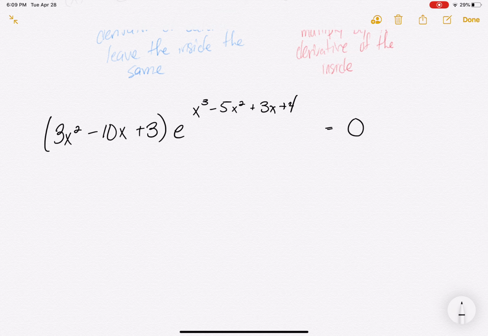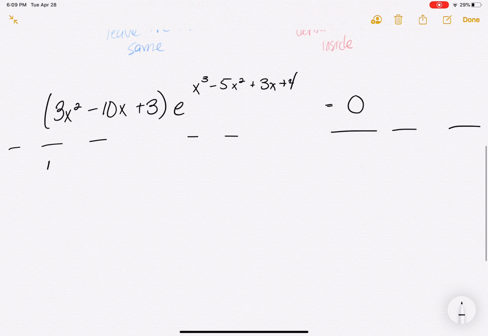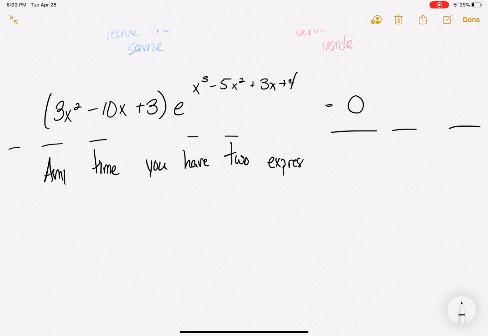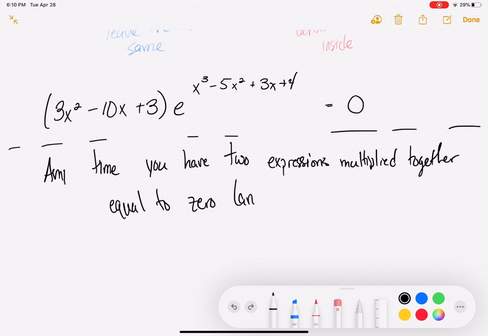Well, this is kind of a good rule of thumb: any time you have two expressions multiplied together equal to 0, and you're solving for the variable, of course.